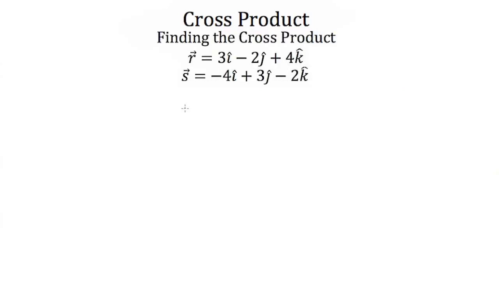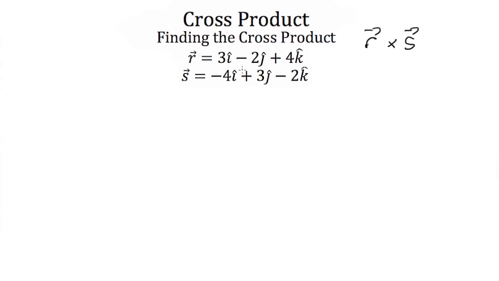So now let's talk about finding the cross product of two vectors. Finding the cross product is a different way of multiplying two vectors together. When we do it, we say it's vector r crossed with vector s, if this is vector r and this is vector s.